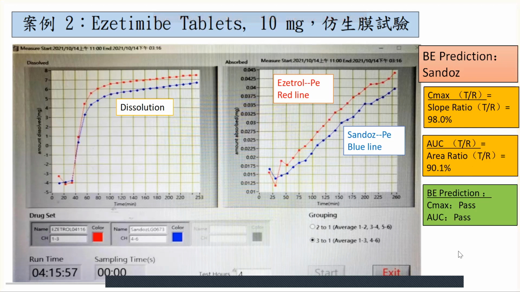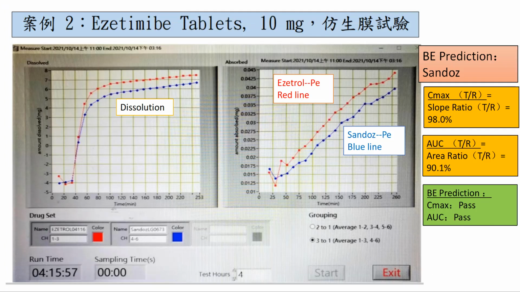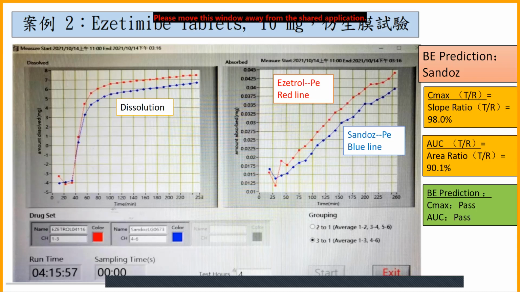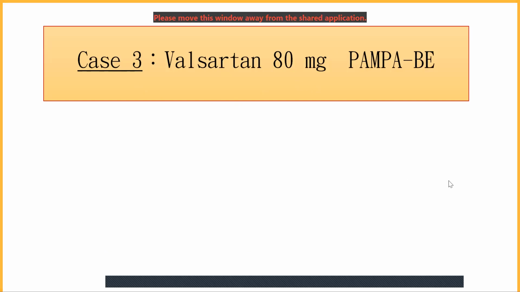Okay, this machine will give us a very simple and straightforward, time-saving way of prediction instead of using the traditional pilot bio study, which costs money and time and is not accurate. Okay, so maybe we will check out the next case, which is Vosaton 80 milligram PAMPA.